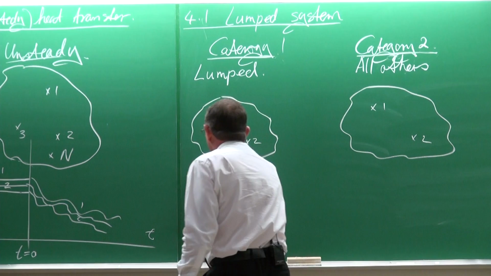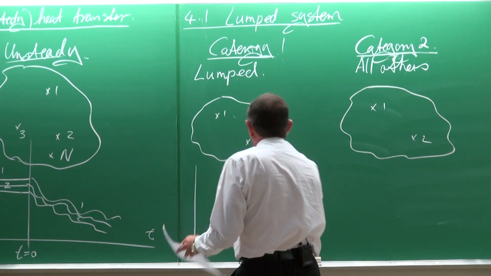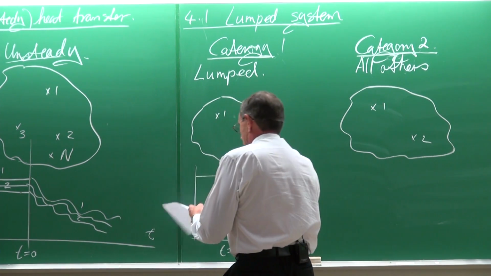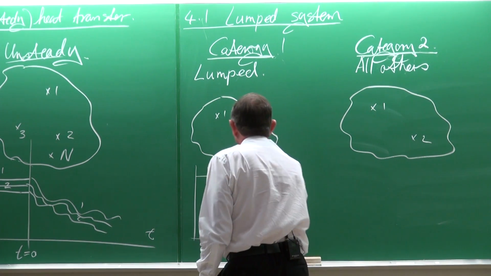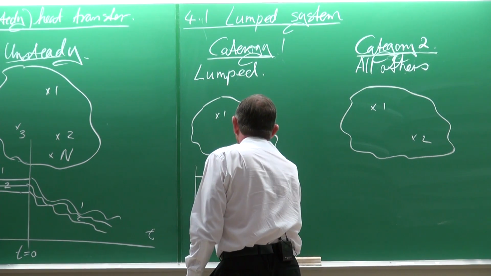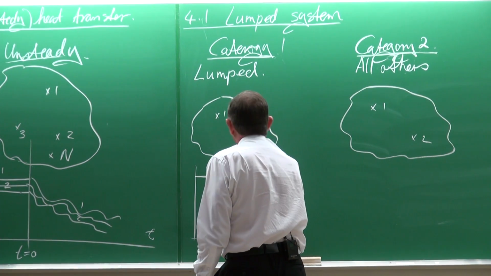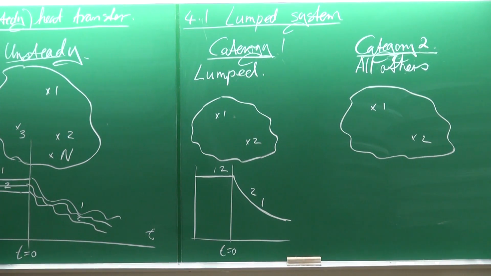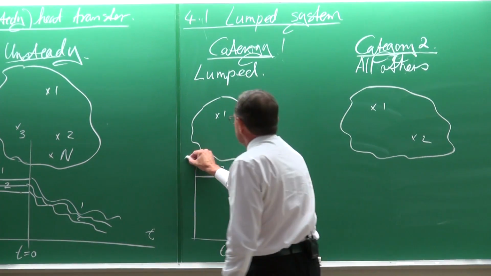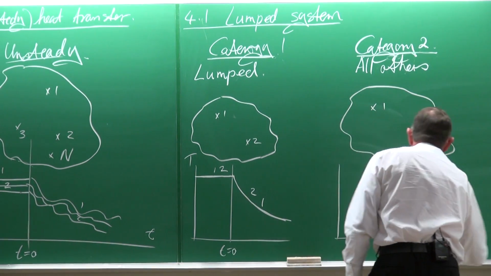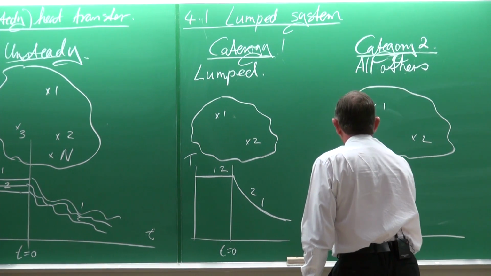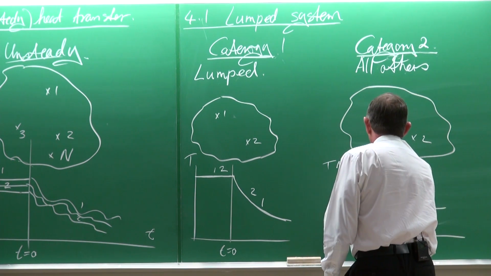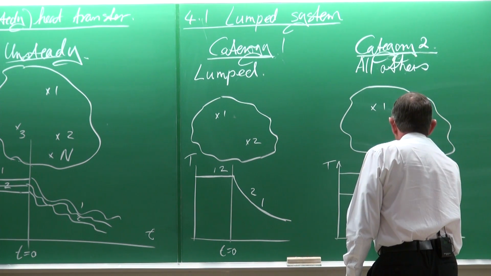With a lump system approach, if that is equal to t equals 0, the solution is going to look like that. The solution is going to look like that, of temperature as a function of time. While with the others, it's going to give something like that.